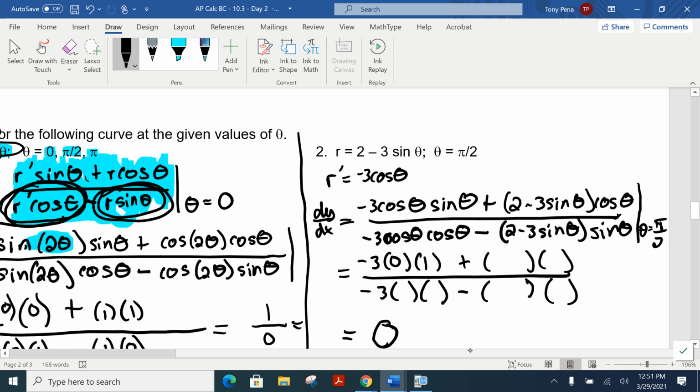Careful with this now. So you initially would have 2 minus, and then the sine of pi over 2 is a 1. So that's going to give you a negative 1, but the cosine of 0 is 0. So that's why our numerator ends up being the 0. Down here, cosine of pi over 2 is 0, so that's all going to go away.